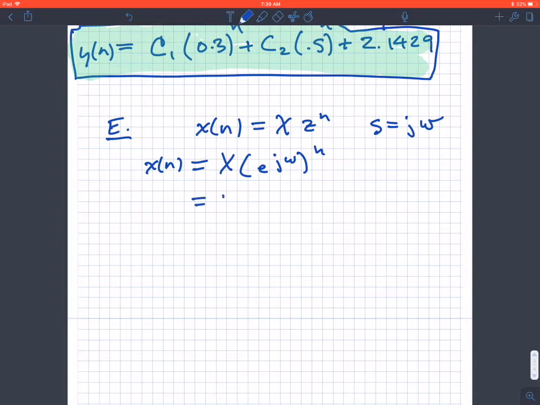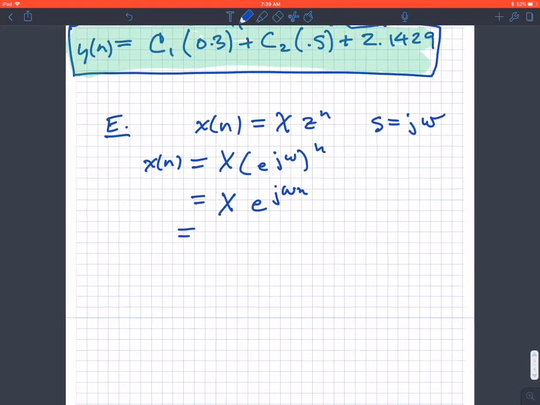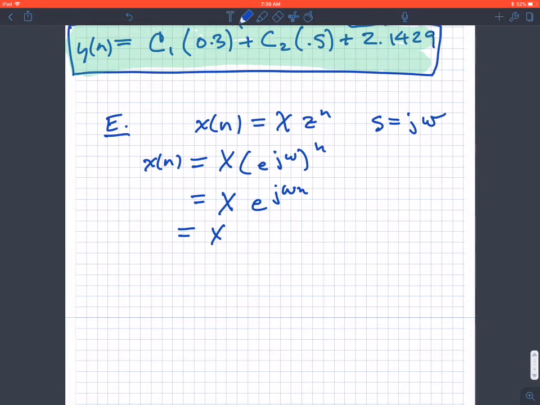So this would be x e to the j omega n. But what I remember is Euler's identity, that e to the j omega n is cosine omega n plus j sine omega n. All right, so this is starting to look like the cosine forcing function.